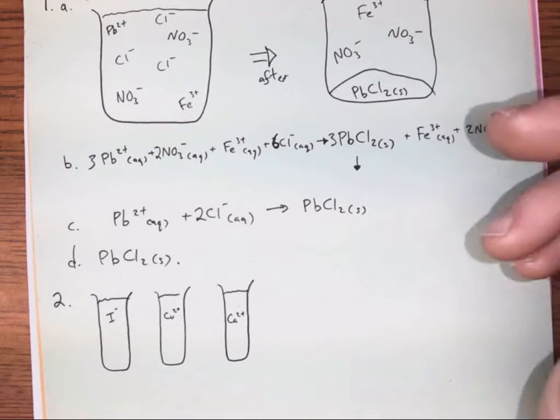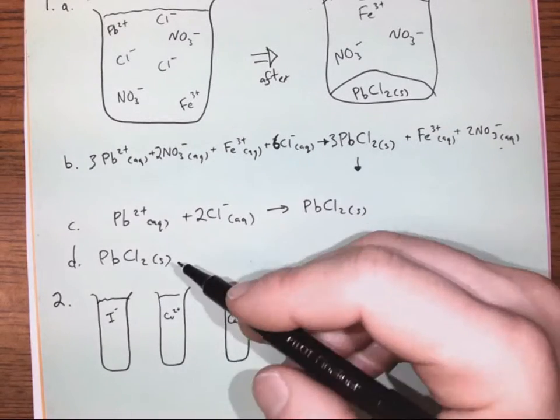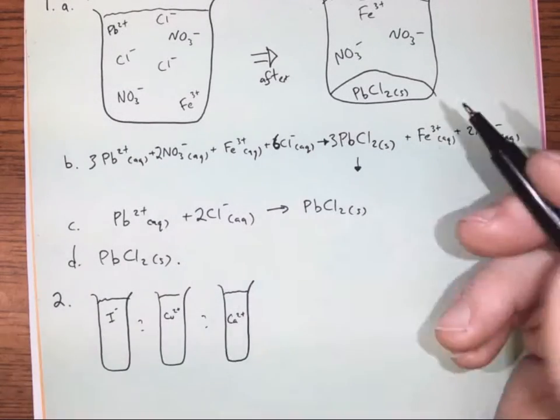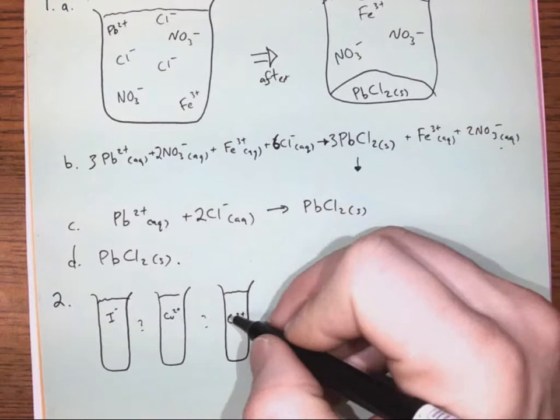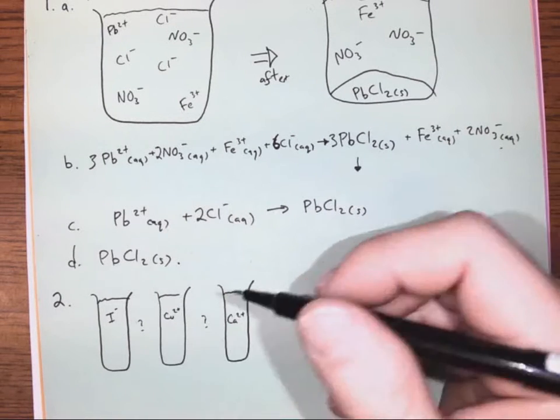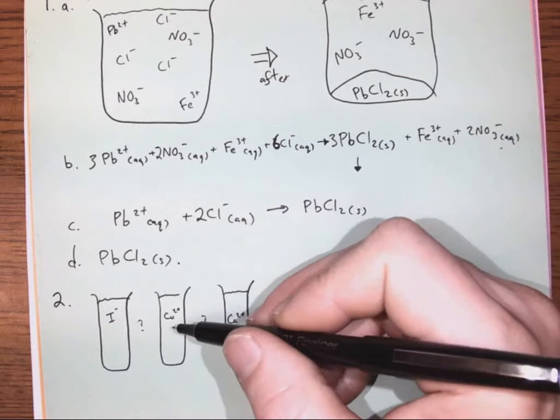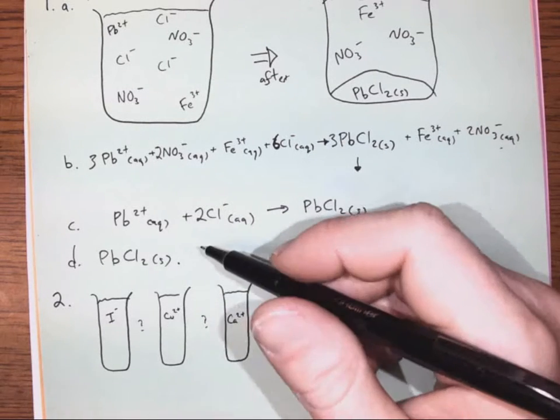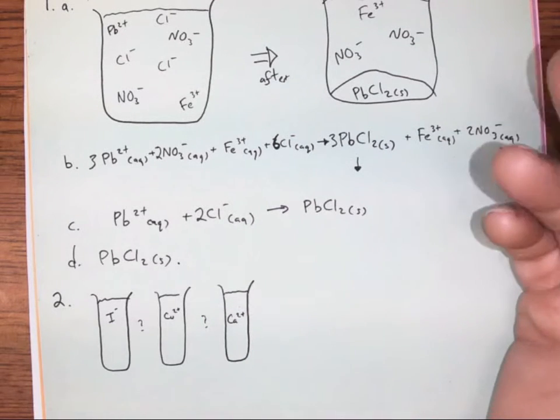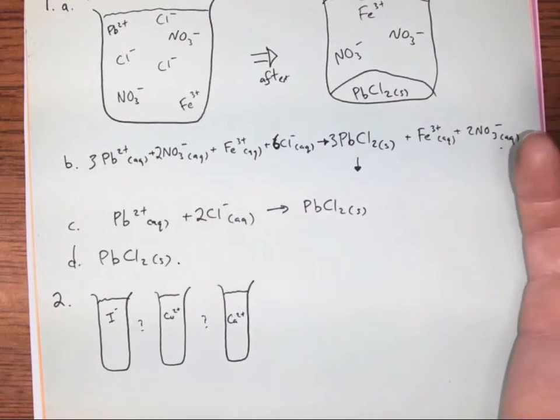But I don't know which one's which. So they all look colorless. Well, they don't actually, because copper 2 is blue. So we're going to pretend maybe we don't know that. You probably didn't know that. Maybe you did.